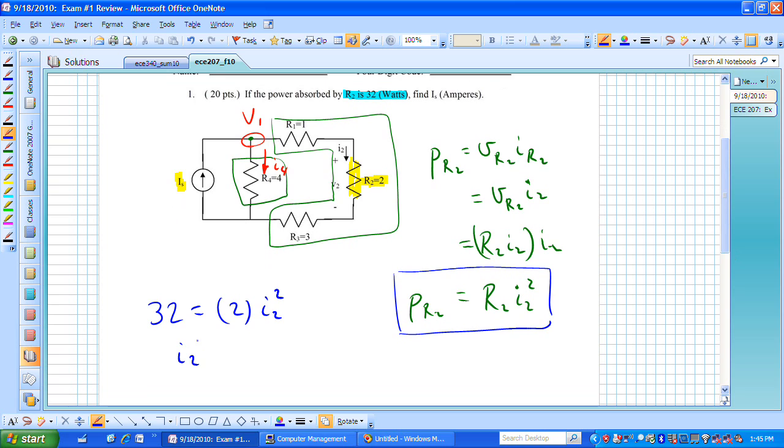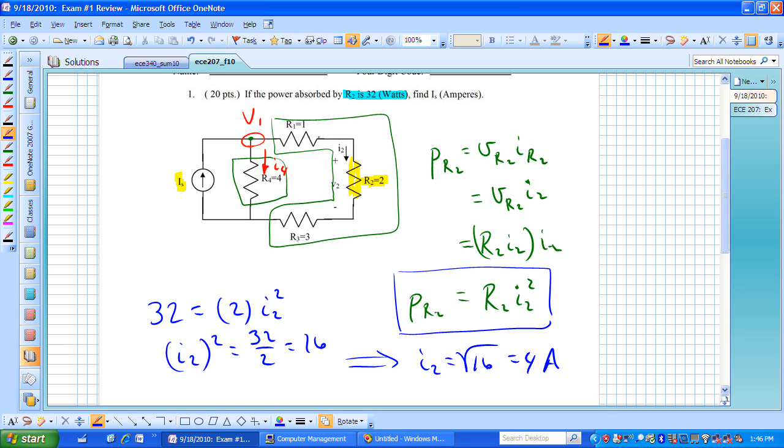I sub 2 squared is 32 over 2, which is 16. And that now allows us to say that the current I sub 2 is the square root of 16, or 4 amps. That's the current coming down through that resistor R sub 2.